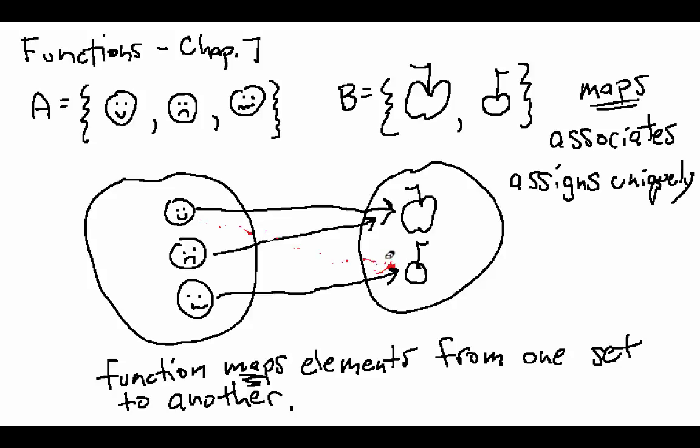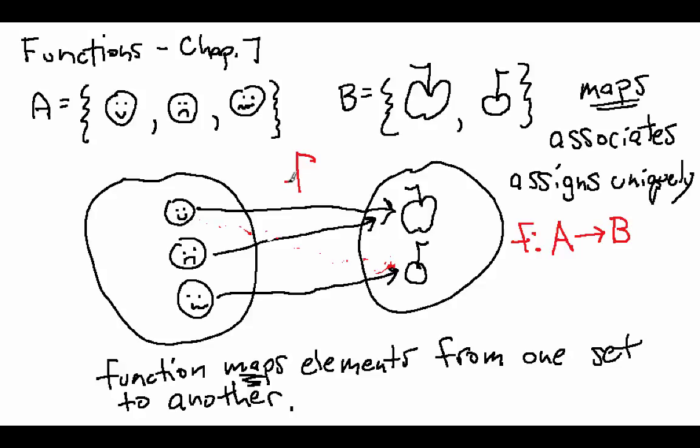Now, we have some notation that we would use in describing what we have just written down here. First of all, we would say that f, and we'd put a colon here, and we would say A, and then we would draw an arrow here, and we would have B. And what this is saying is that f is a function, this particular function that I've drawn here.